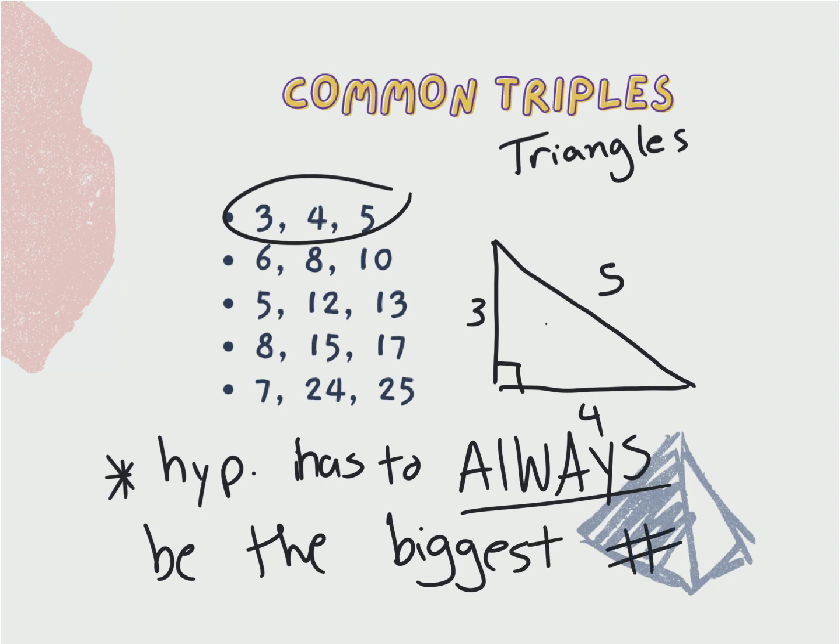So if you were to write triangle 3, 4, 5 and you put the 4 here and the 5 here, that is wrong. The biggest number is 5, so that's the hypotenuse. And the next one is 10, the following is 13, the next one is 17, and the last one is 25. All of those are the hypotenuse. It's always the biggest.